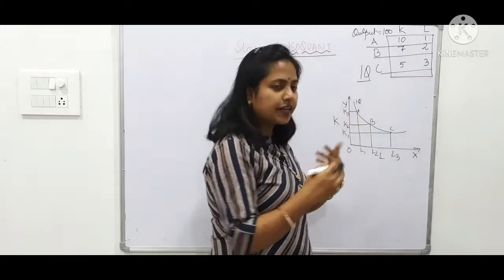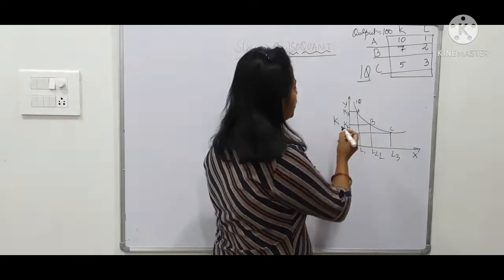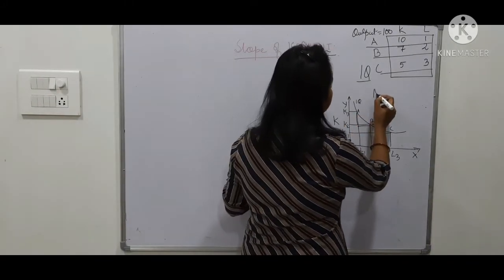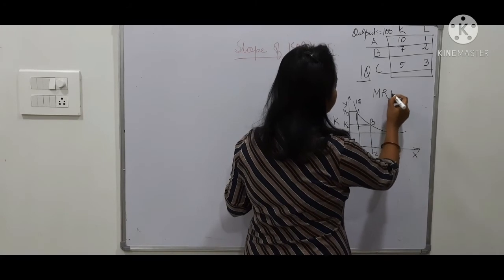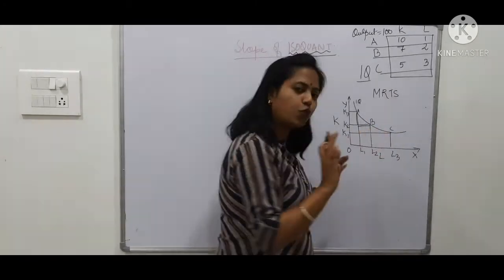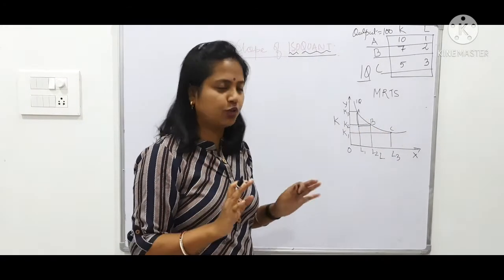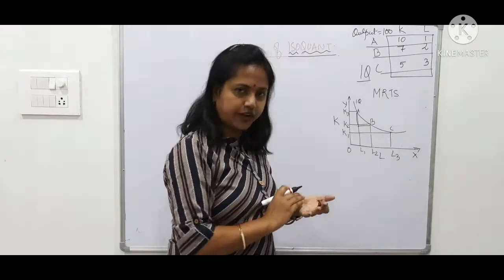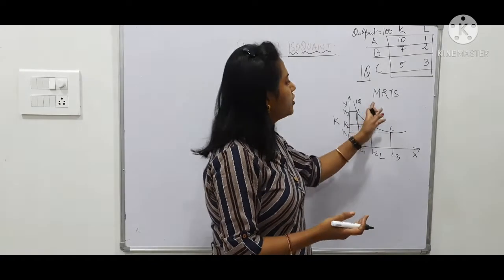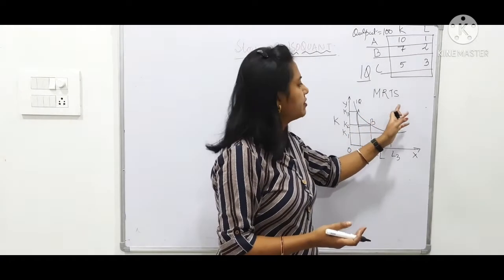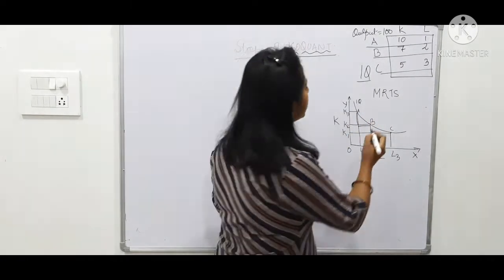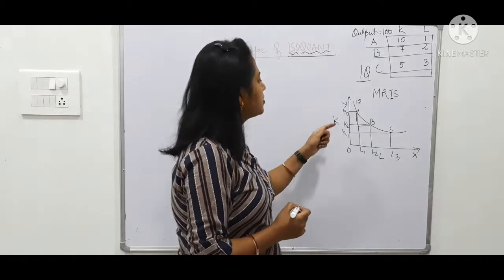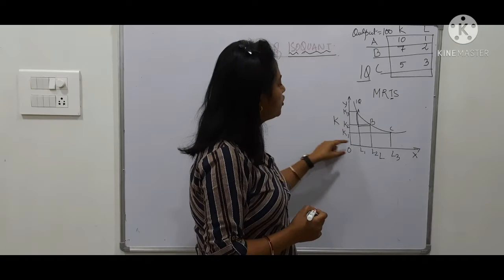So this rate of sacrifice, how much you are sacrificing of one to gain the other, is known as marginal rate of technical substitution. This also we have already covered in one of the videos. So this rate at which I am substituting one for the other is known as marginal rate of technical substitution. The word technical is used, and why is also explained, because I am shifting from capital to labor.